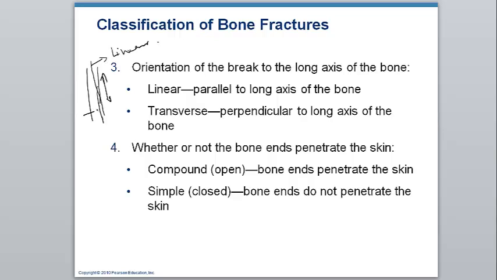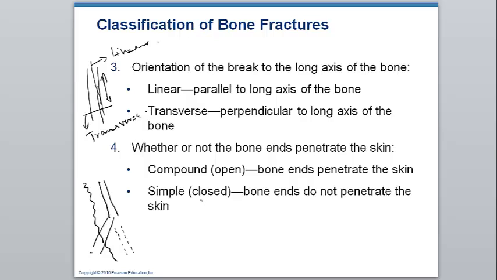If it goes perpendicular to the long axis, it's called transverse. Then the other type of classification is based on the skin. If the bone punctures the skin and the bone is protruding out of the skin, it's called compound. If the bone is retained within the skin and the skin hasn't been broken, then it is simple, or closed.